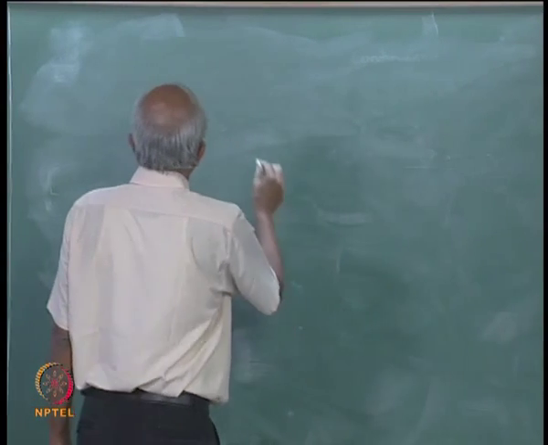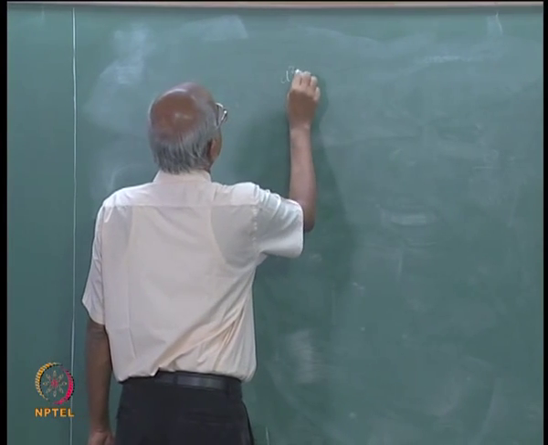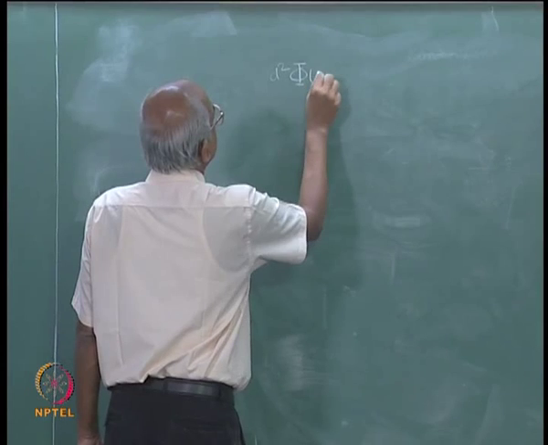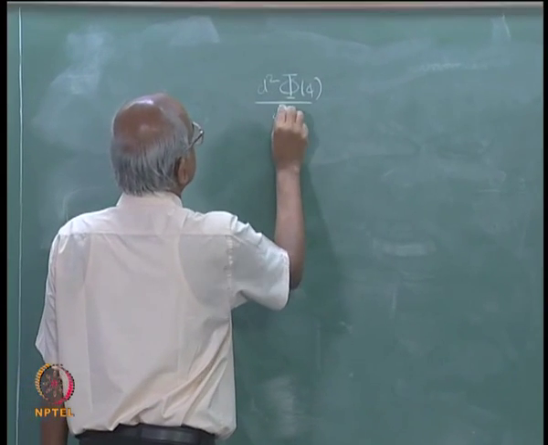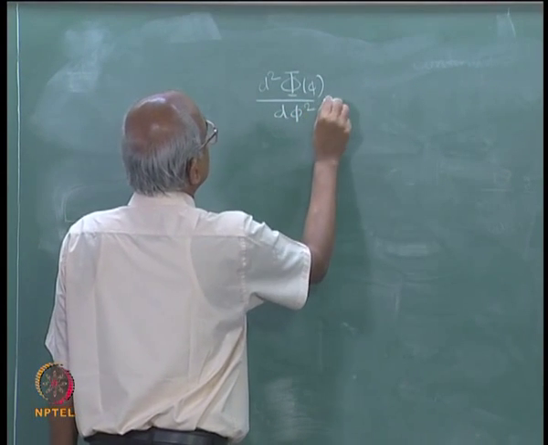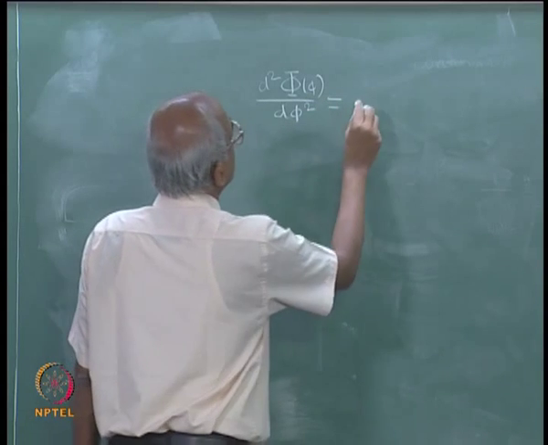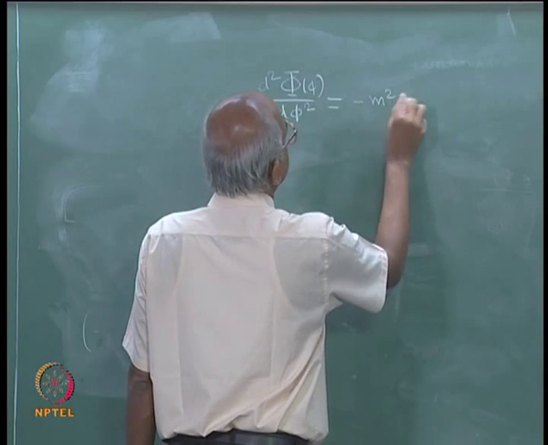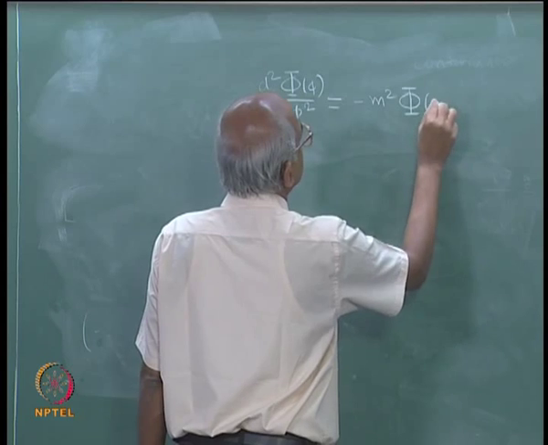So, the first equation says that d square capital phi by d phi square is equal to minus m square capital phi of phi.